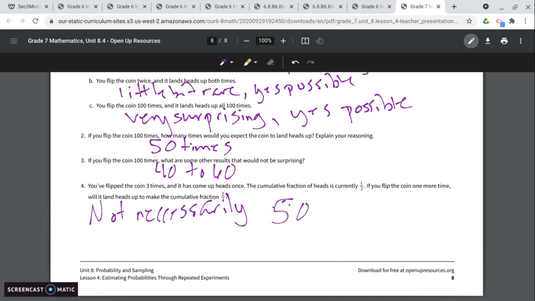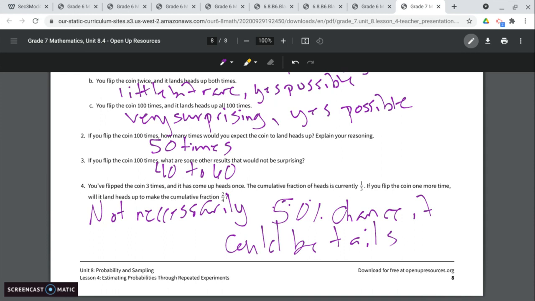It's a 50% chance, it could be tails. There are 2 possible outcomes for flipping a coin, so we expect it to be 50%. But in reality, we don't always get heads, then tails, then heads, then tails. It doesn't work out that way all the time.